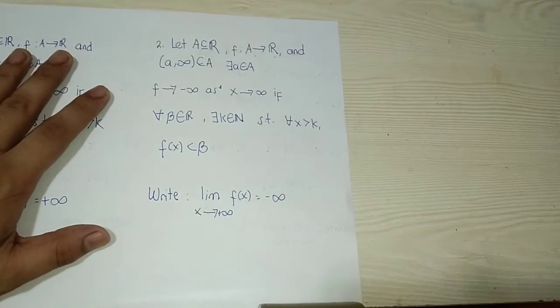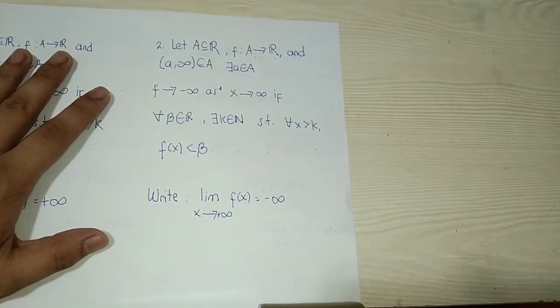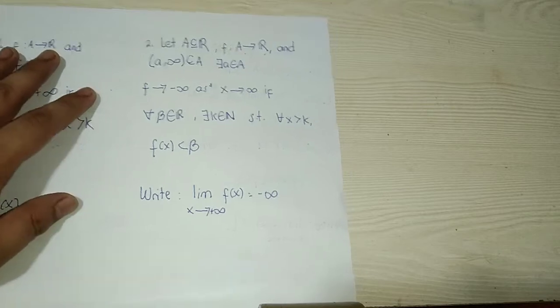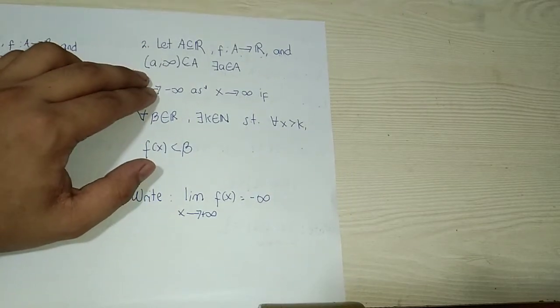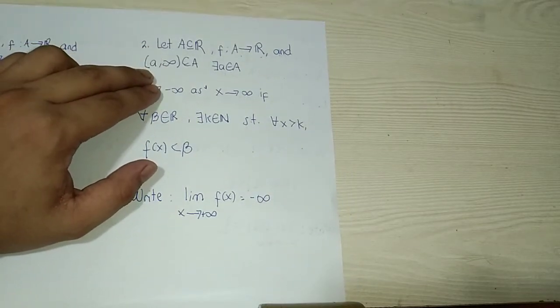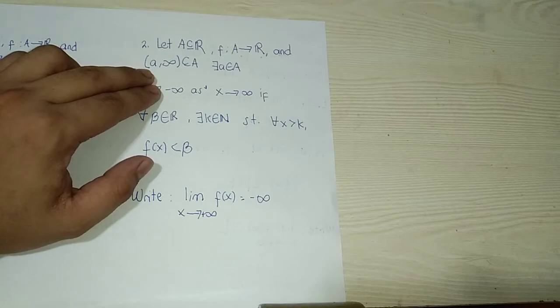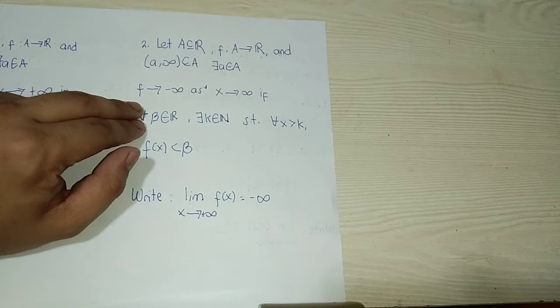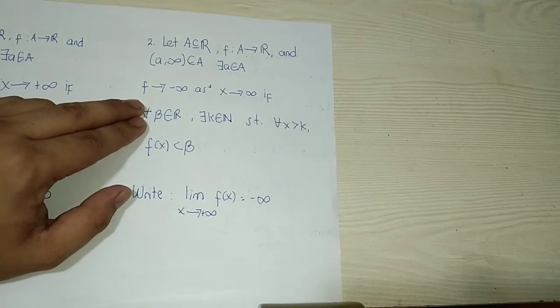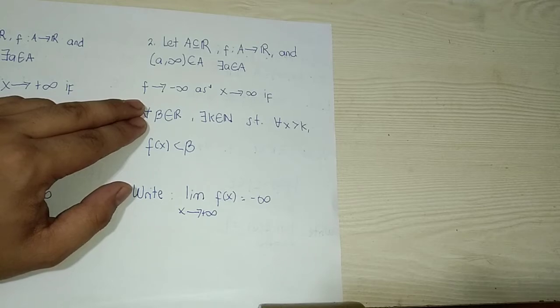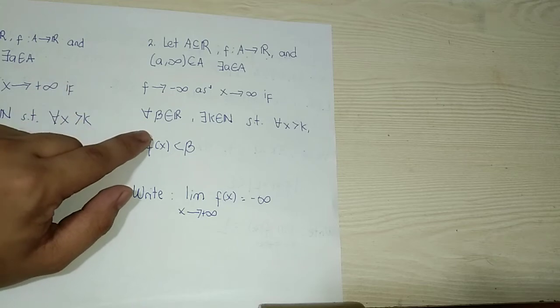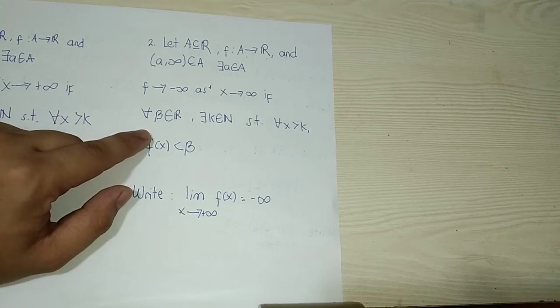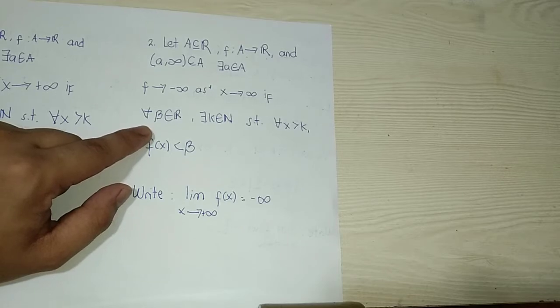Then for number 2, ito naman yung nag-approach or nagde-decrease without bound. So let A be a subset of R, f a function from A to R, and we have also this one. So sa ano pa rin yan, sa limit of infinity. Pero dito yung f naman, nagda-diverge na siya or nag-approach na siya sa negative infinity as x approaches infinity if for all beta, so sa definition ng infinite limits, B ang gamit natin.